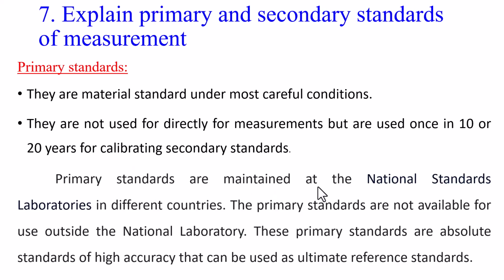Primary standards are maintained at the national standards laboratories in different countries, and are not available for use outside the national laboratory. These primary standards are absolute standards of high accuracy that can be used as the ultimate reference standard.